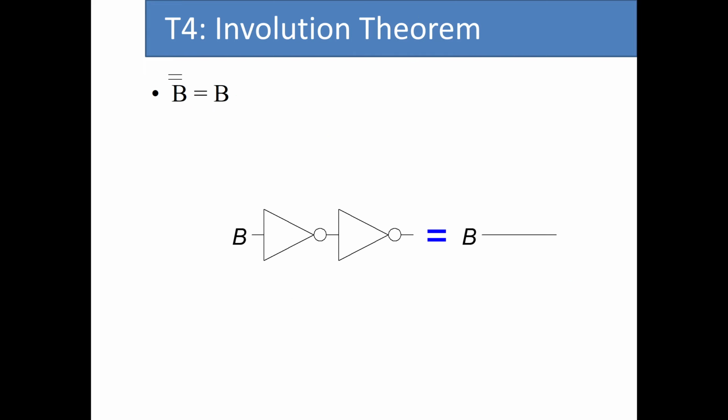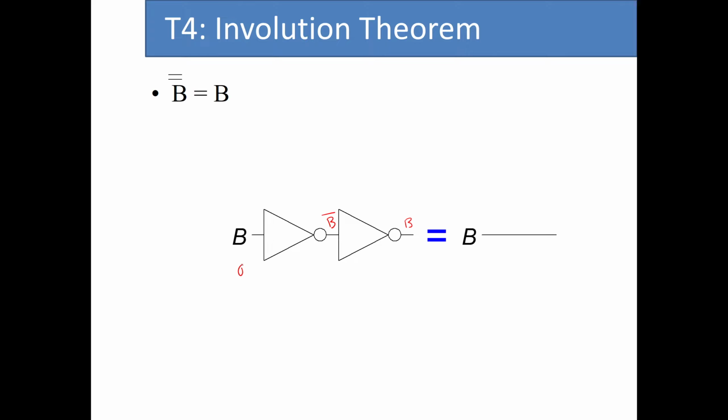Then we have the involution theorem, which is very intuitive, which says that if you complement the complement of b, you get b itself, right? So if you have b and b goes through one NOT gate, you have b bar. If b bar goes through another NOT gate, you should get b itself, right?